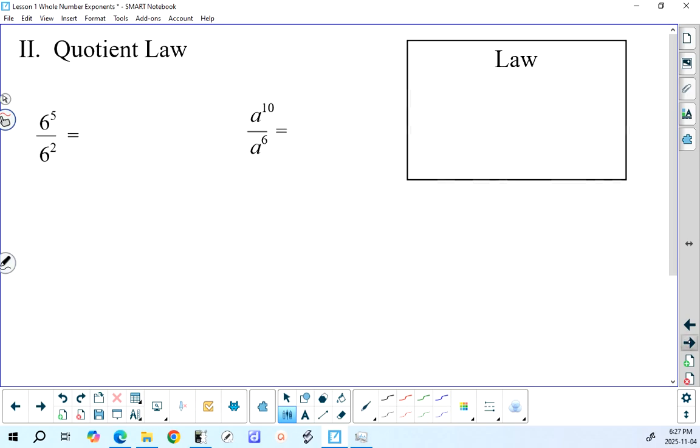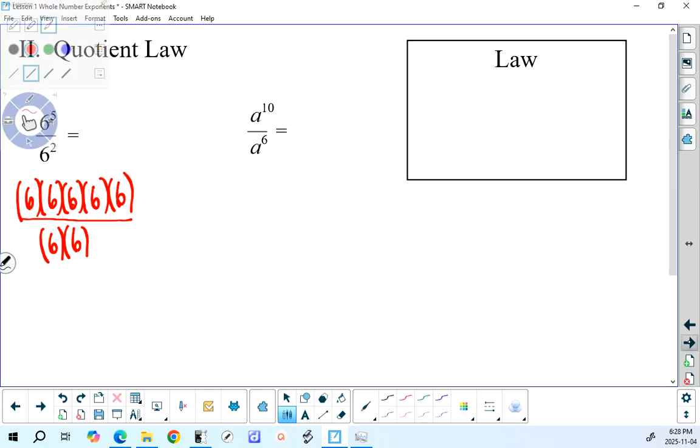What about the quotient law? Well, this quotient word means divided. So if we have 6 to the 5 divided by 6 to the 2, that means we have 6 multiplied by itself a total of 5 times. This is what 6 to the 5 means. Divided by 6 squared, which is 6 multiplied by itself twice.